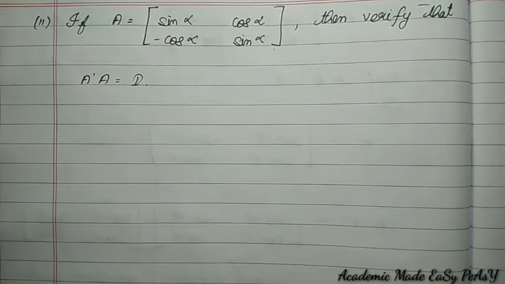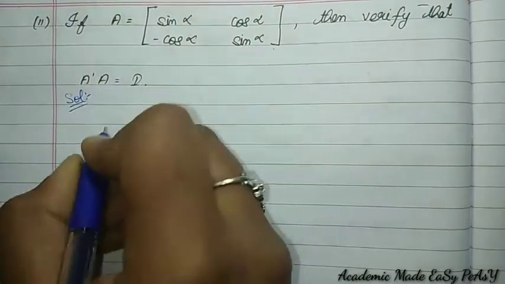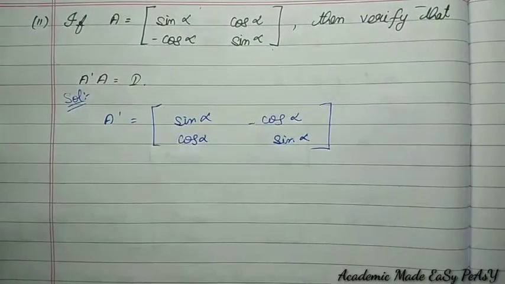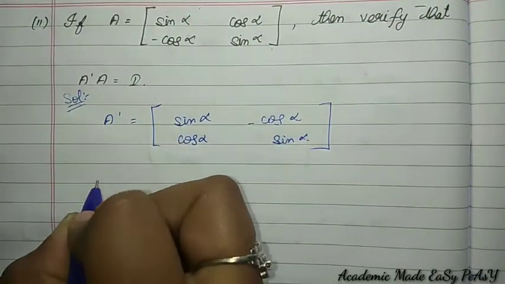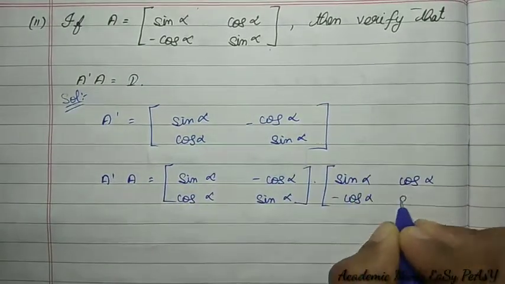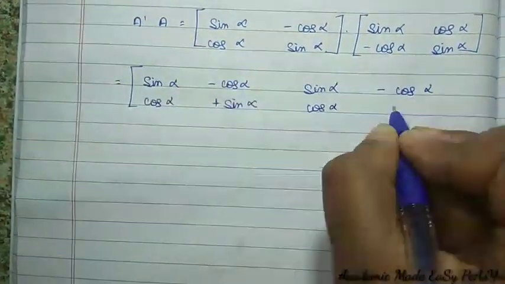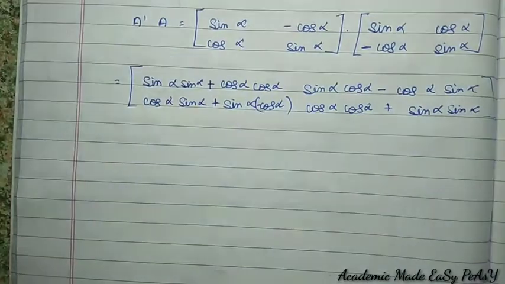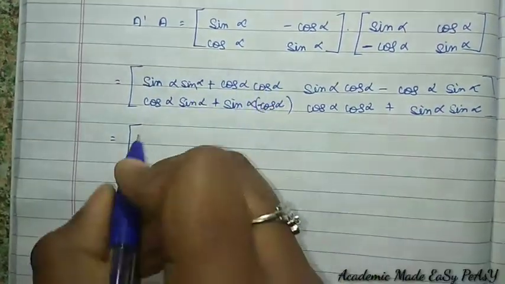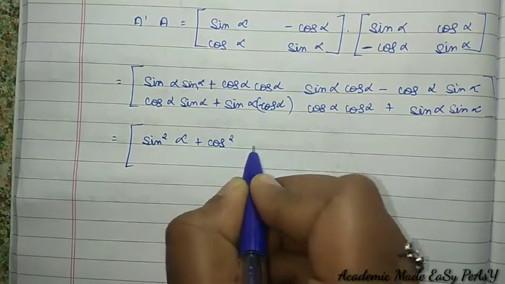So first A transpose is given. Now let's find the A transpose A solution. So A transpose is equal to, so now I will be finding A transpose into A, that is, now I will be multiplying it. So here sin into sin is sin square alpha plus cos square alpha.